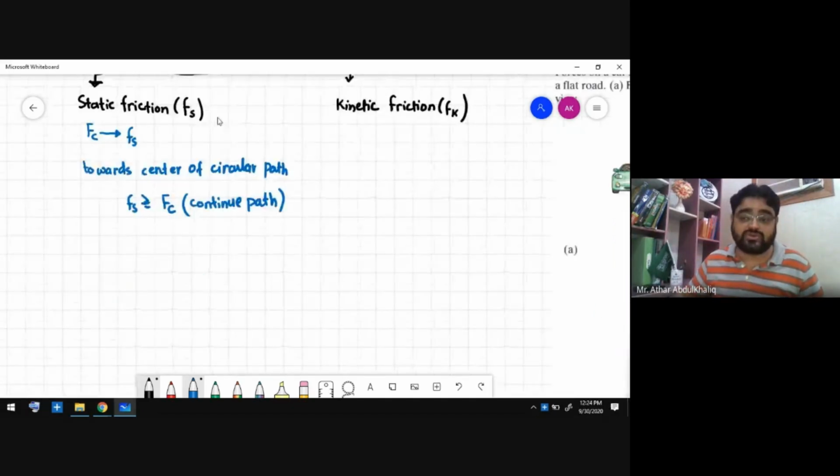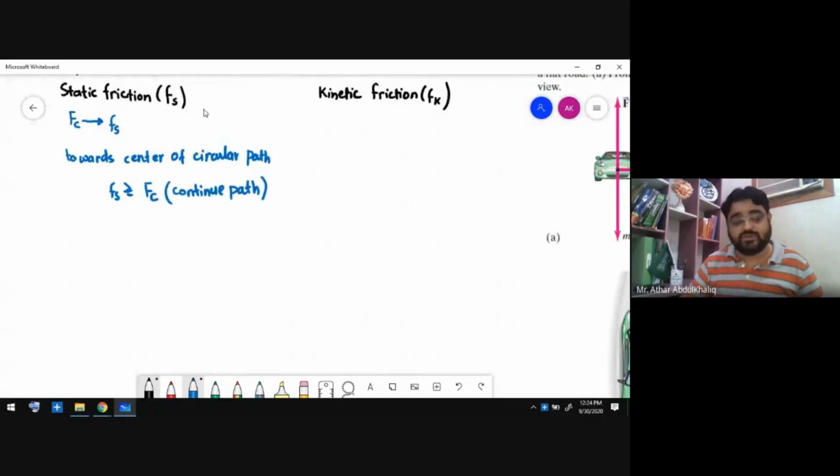So if you want to draw the figure for this, you can usually say that this is the car that is taking the turn. If there is enough friction between the tires and the road, this friction will be towards the center. It will provide the centripetal force, and this friction will be static friction.